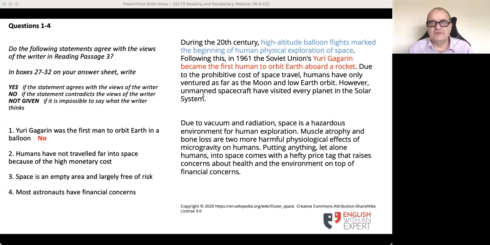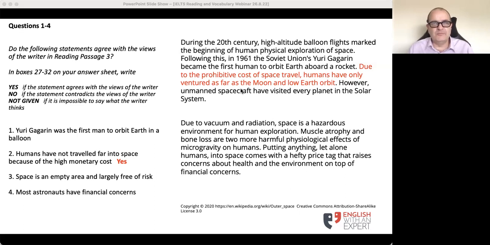Yeah, prohibitive cost. And that means prohibitive, too much to be able to do something. In the UK at the moment, we have prohibitive costs for electricity almost. Good. There you go.